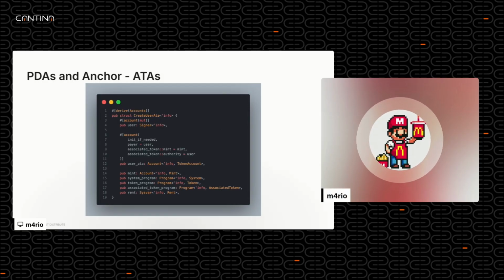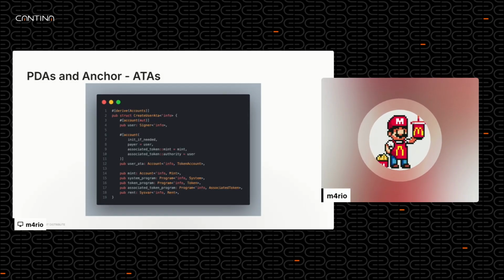It means that you can always, even off-chain, compute this user ATA's public key, if I may say. So you don't need to scan the blockchain or rely on indexing to discover these seeds. No, they are pretty set in stone, and it's pretty easy to derive them.